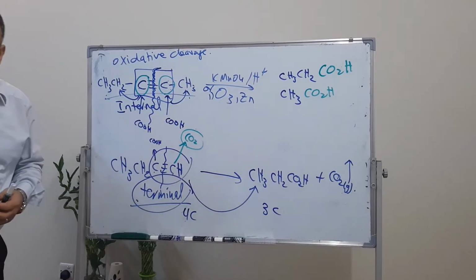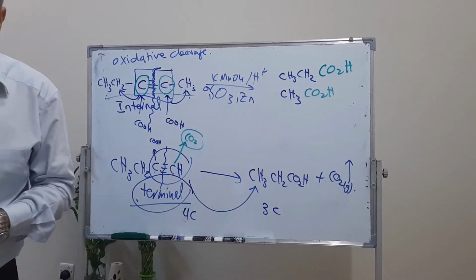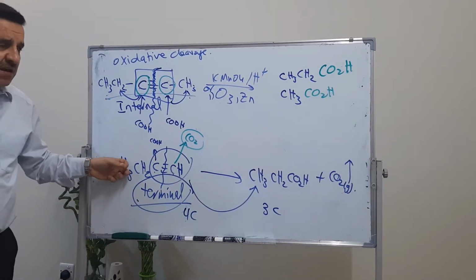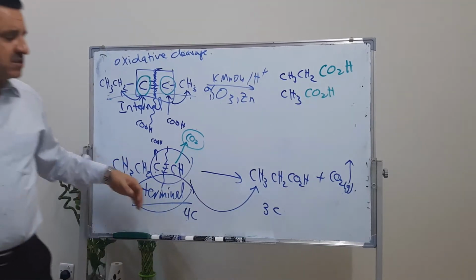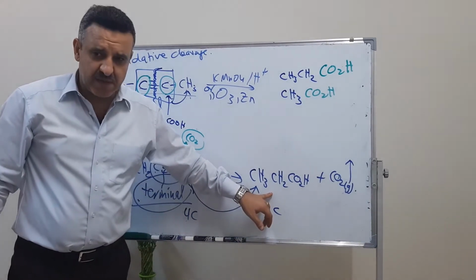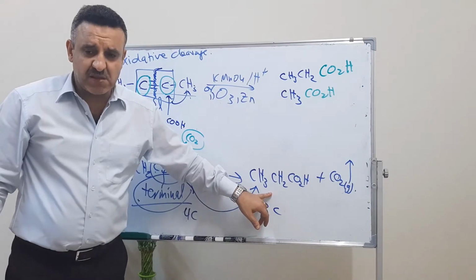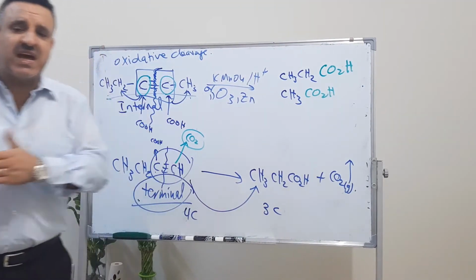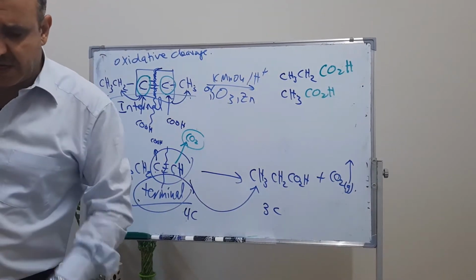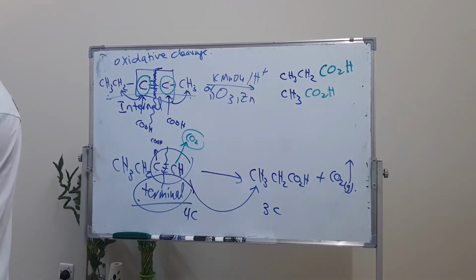And this is always the case. Whenever you have a terminal alkyne, we always end up with a carboxylic acid with 1 carbon less than the terminal alkyne. Is that clear, guys? Yes, doctor.